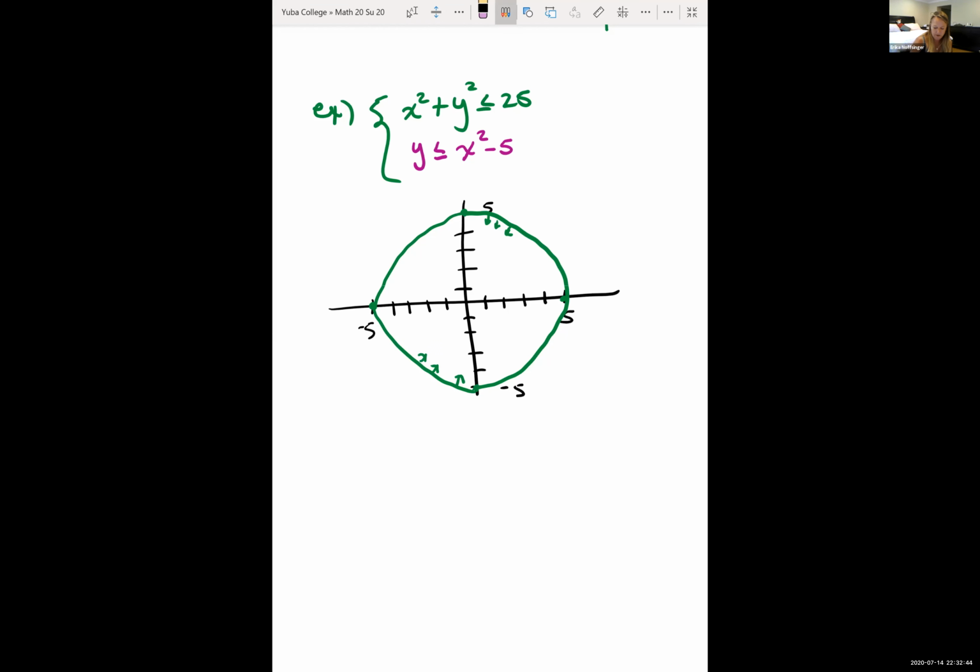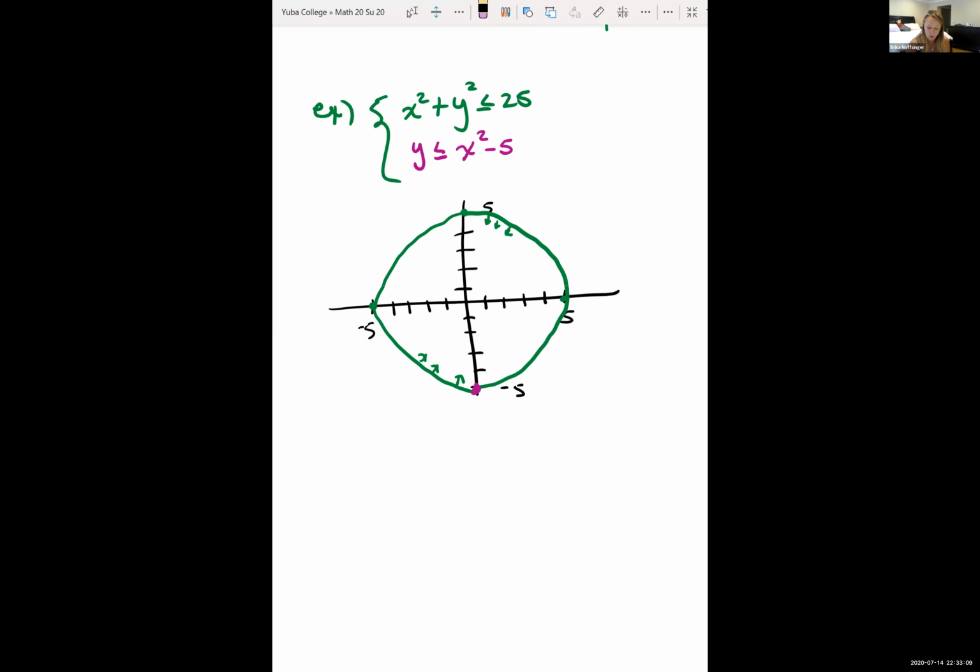So now if I look at y is less than or equal to x squared minus 5, I recognize that this is a parabola. I notice that this is x squared, just shifted down 5 units. So I have a point here. Any other points that we know? Well, we can plug in values.